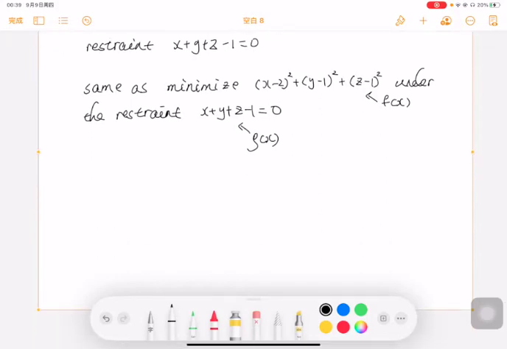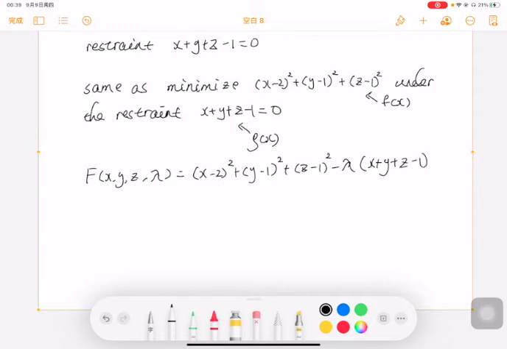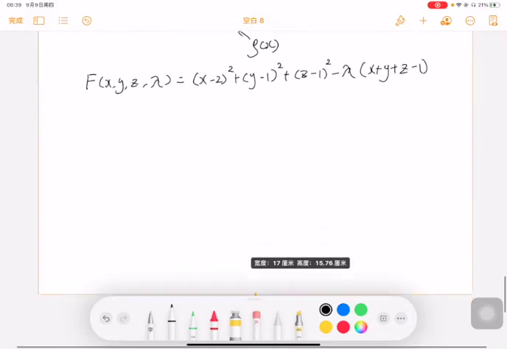Okay, now we have our f and g. We can define the function capital F, which is a function of 4 variables, x, y, z, and lambda. So you get x minus 2 squared plus y minus 1 squared plus z minus 1 squared minus lambda times x plus y plus z minus 1. Let's take the partial derivatives.